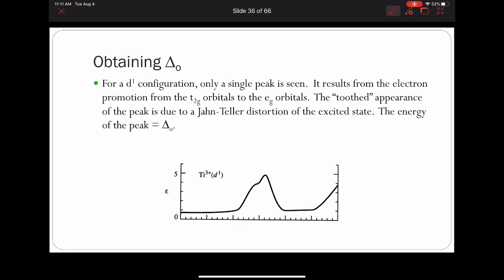So if we consider a transition where we have our t2g up to our eg*, we start off with an electron in the t2g, and then we have an excitation by h nu, which will give us an electron in our eg* set of orbitals. At this point, we have a degeneracy because our electron may reside in the z squared or the x squared minus y squared. So this can be followed then by a Jahn-Teller distortion.